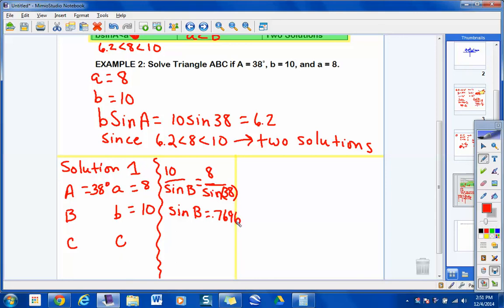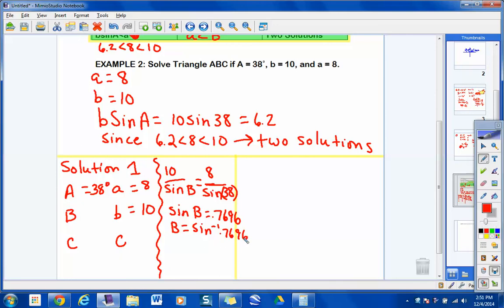All right, how could I use that information to solve for angle B? Inverse of sine. Do the sine inverse of that decimal, 0.7696. So I'm going to say angle B is equal to the sine inverse of 0.7696.